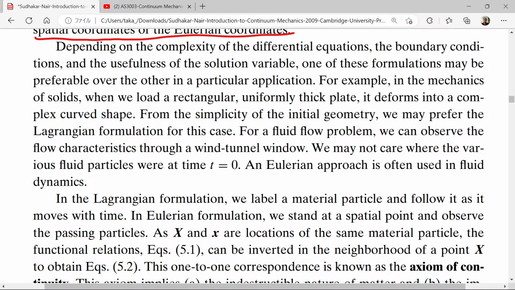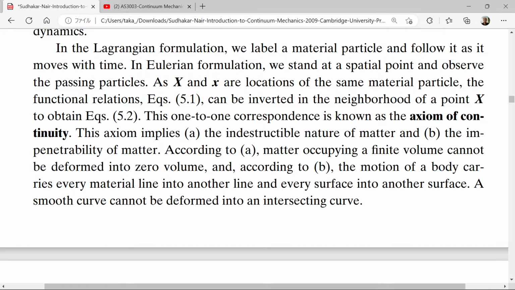For a fluid flow problem, we can observe the flow characteristics through a wind tunnel window. We may not care where the various fluid parameters were at time t equals 0. An Eulerian approach is often used to follow a material particle in a fluid as it moves with time.